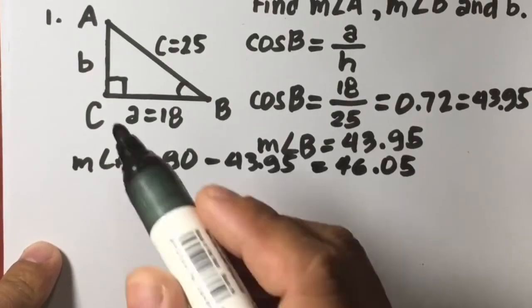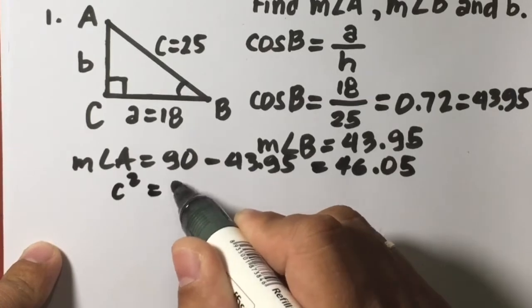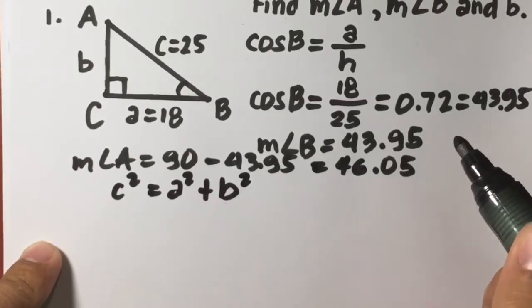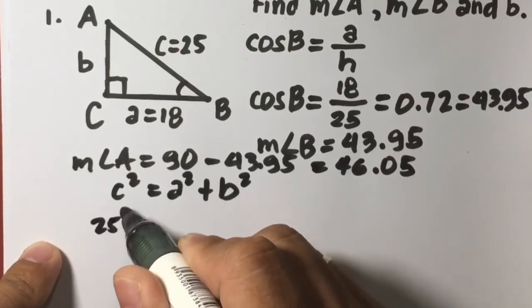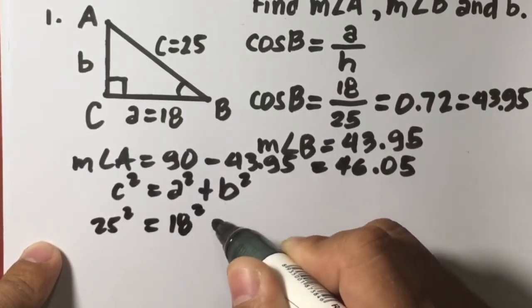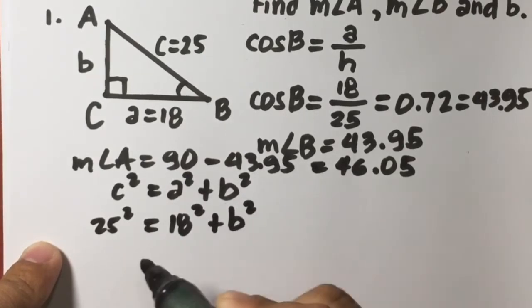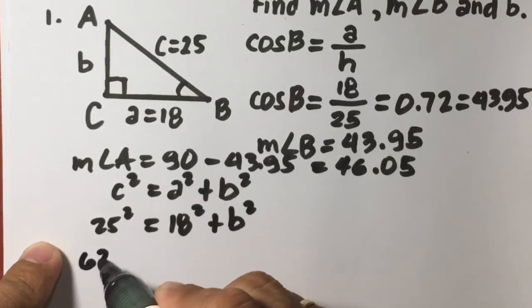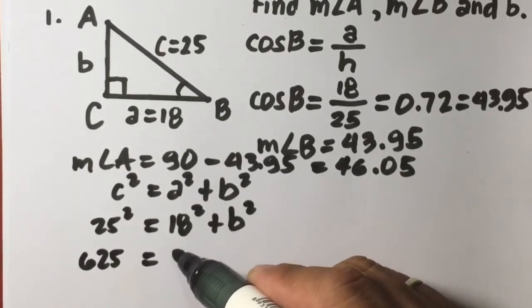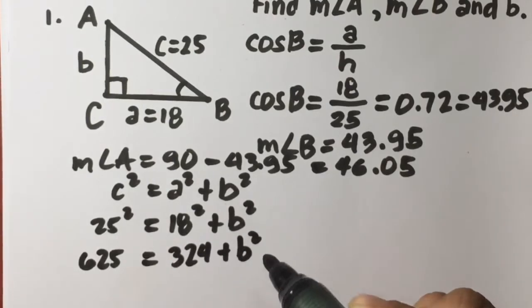Now to find B, we'll just use the Pythagorean theorem. C squared equals A squared plus B squared. C here is 25, so 25 squared equals 18 squared plus B squared. So 25 squared is 625, equals 18 squared is 324, plus B squared.